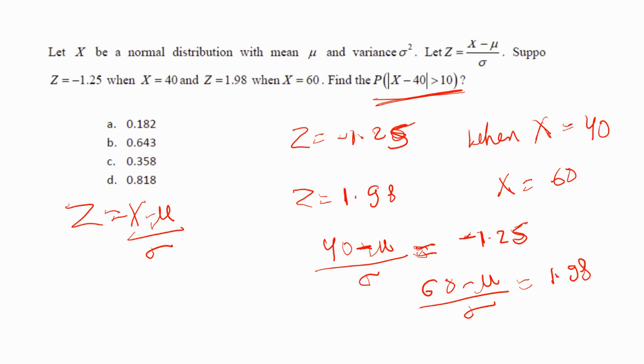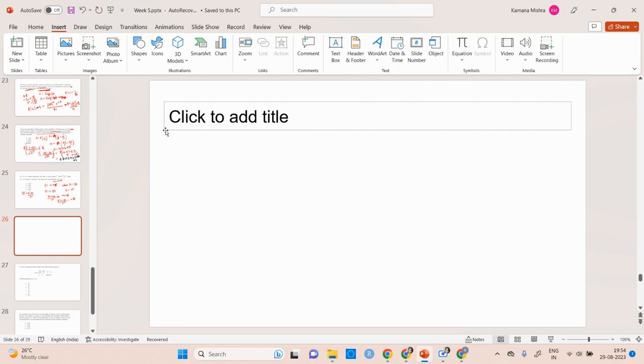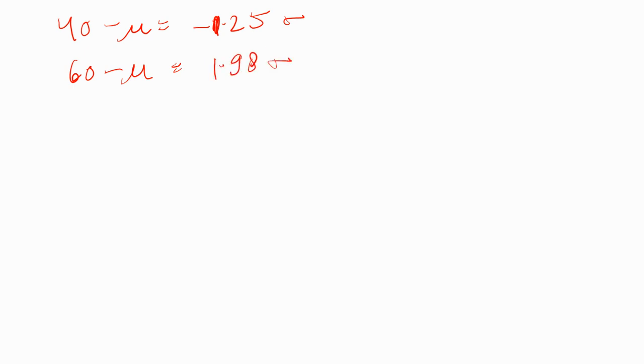So the first equation is 40 minus mu is equal to minus 1.25 sigma, and 60 minus mu is equal to 1.98 sigma.